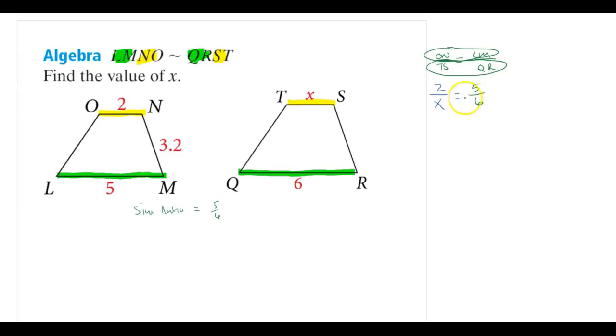Well, if I cross multiply to solve this, I get 5x equals 12. And if I do 12 divided by 5, I get 12 fifths, or if I reduce that, you get 2.4. So x is 2.4.